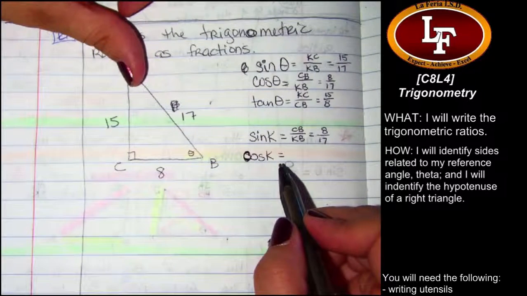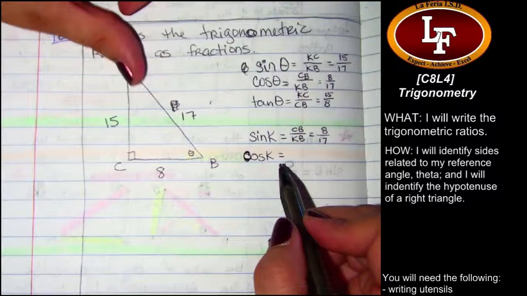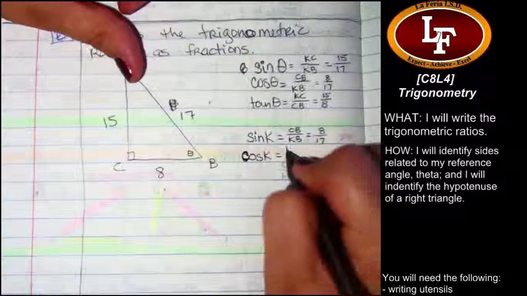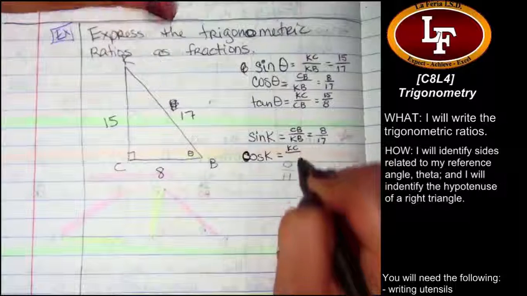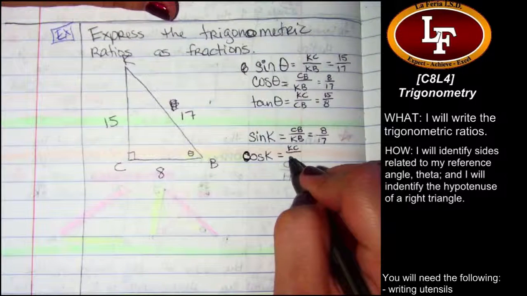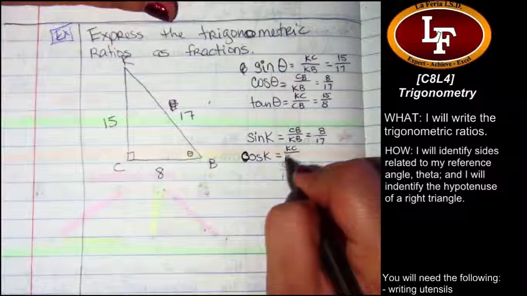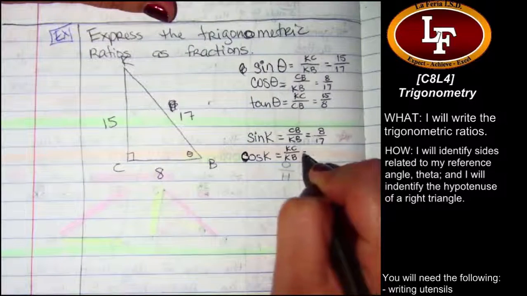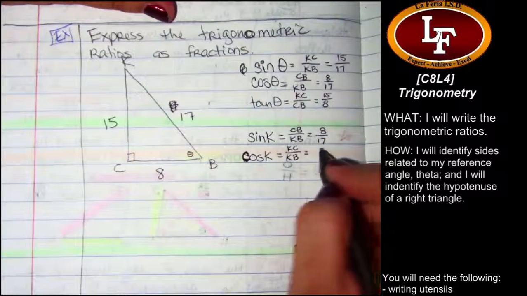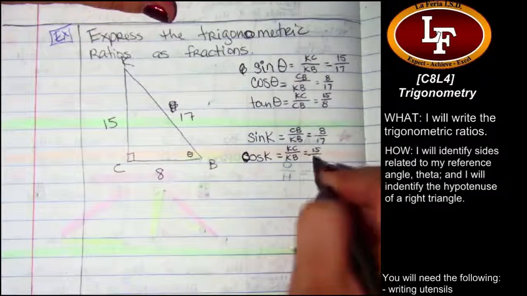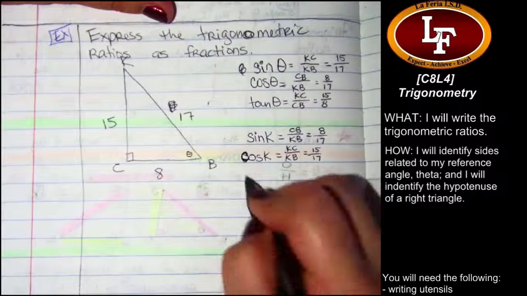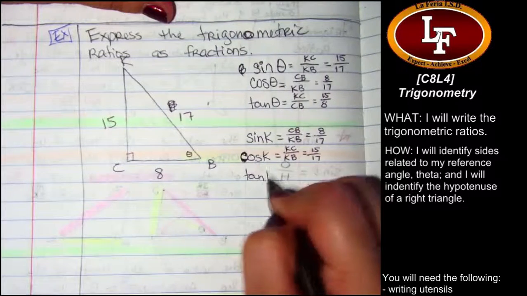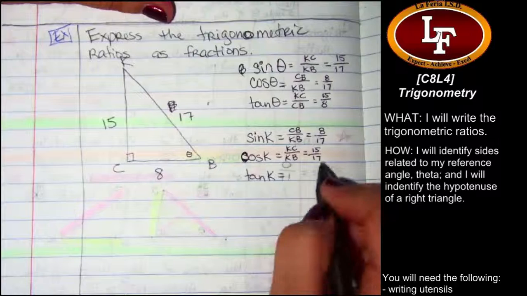What's the side adjacent to this angle right here? KC. What is the hypotenuse of the triangle? KB. Substitute your numbers. 15 and 17. There you go.